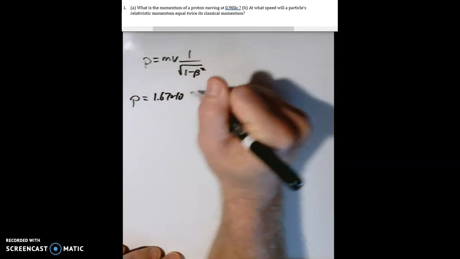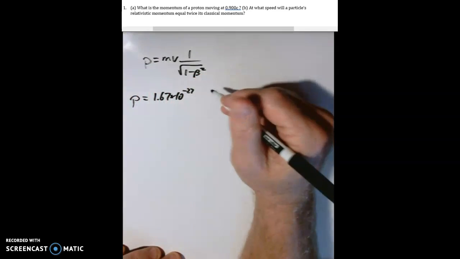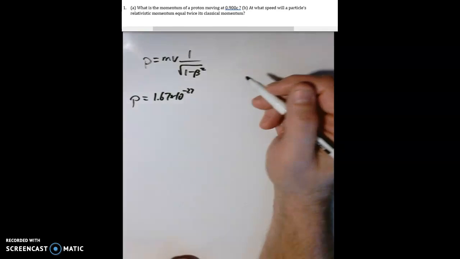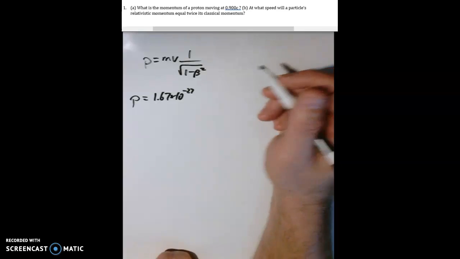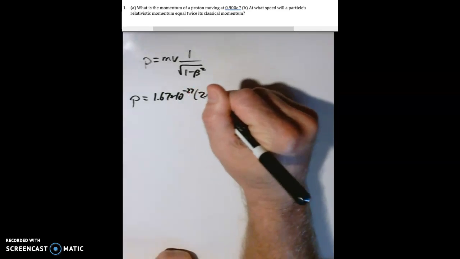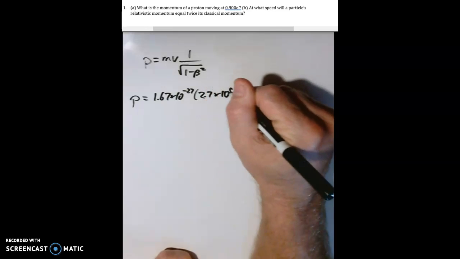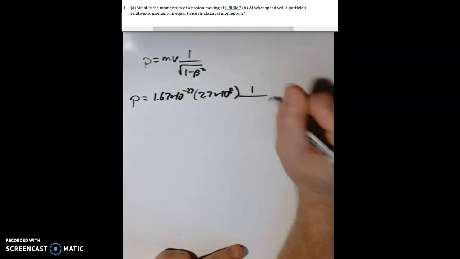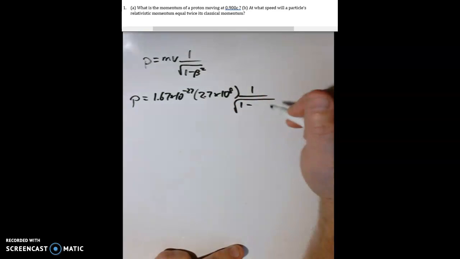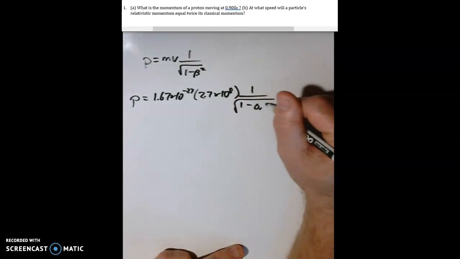1.67 times 10 to the negative 27 kilograms times the velocity, which is given as 0.9 c. We'll just multiply 0.9 times c, which is 3 times 10 to the 8, and we get 2.7 times 10 to the 8, times 1 over the square root of 1 minus 0.9 squared.